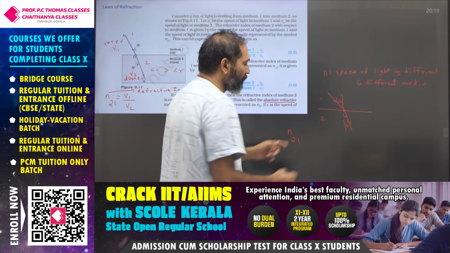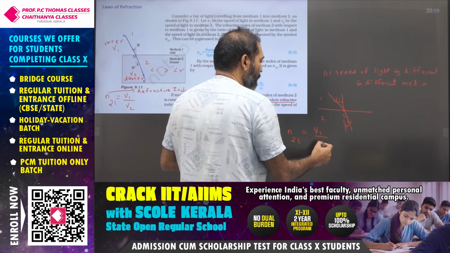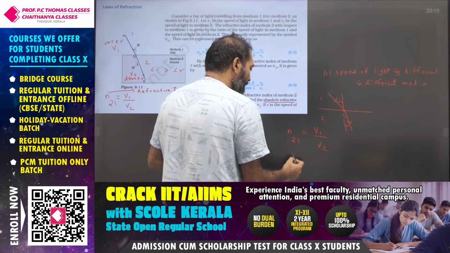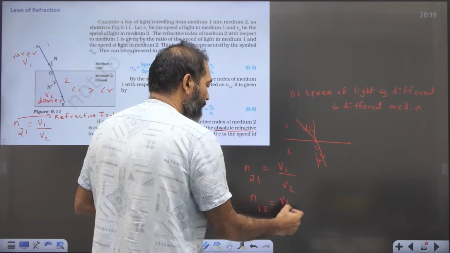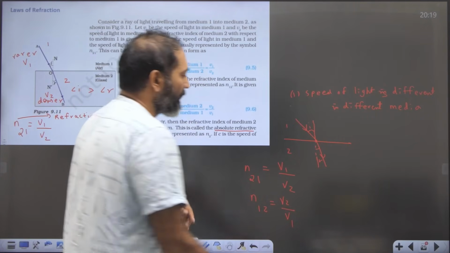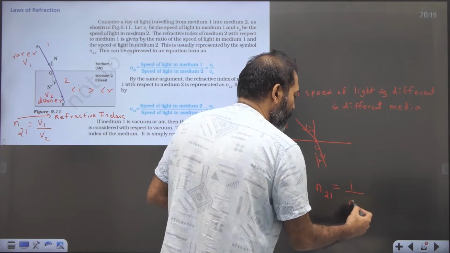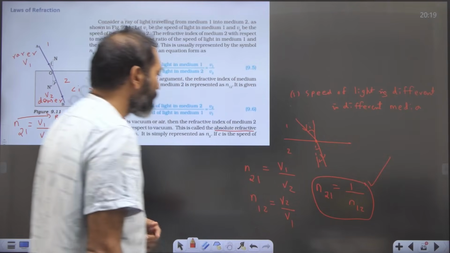So, N21 is V1 by V2. Refractive index of medium 1 with respect to 2 is V2 by V1. And remember, N21 is equal to 1 by N12. This relation you should remember.